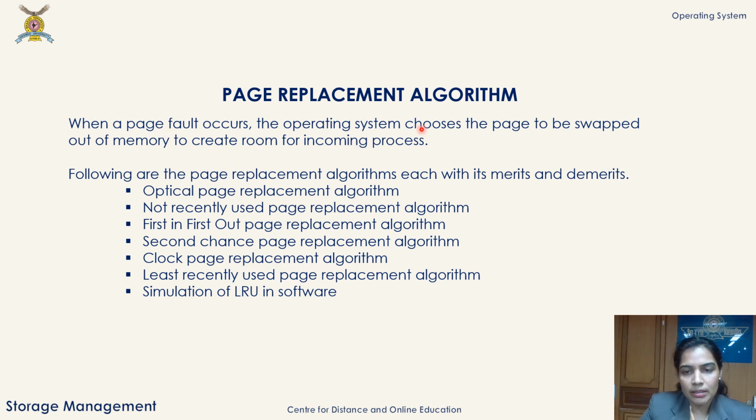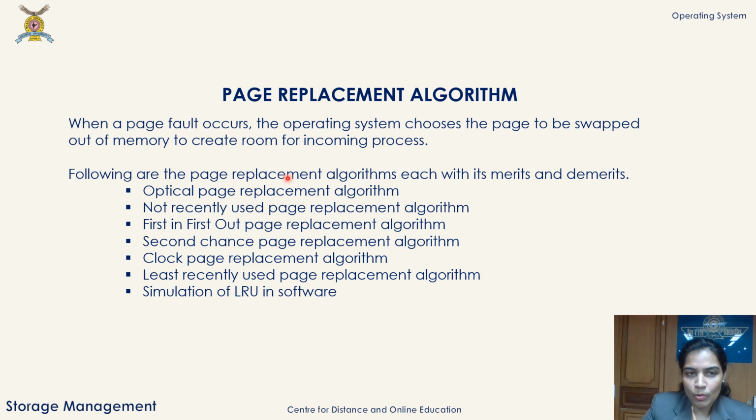Next we'll see the page replacement algorithm. Now when the required page does not exist in the memory, a page fault will occur, and the OS will select a page to be moved out of the memory, and the new page will be loaded in the memory.